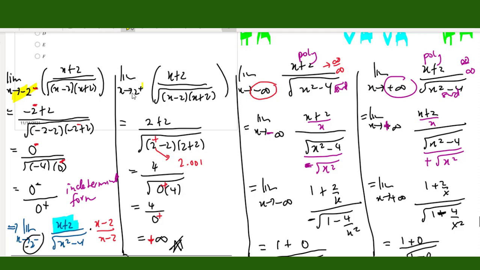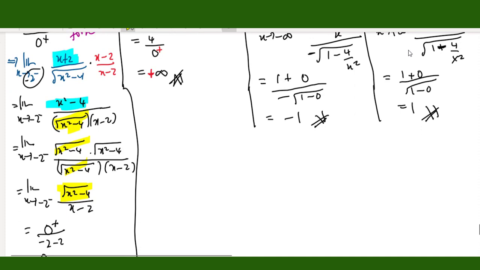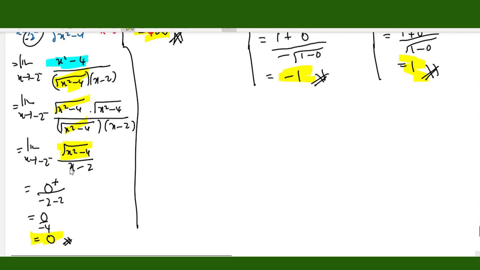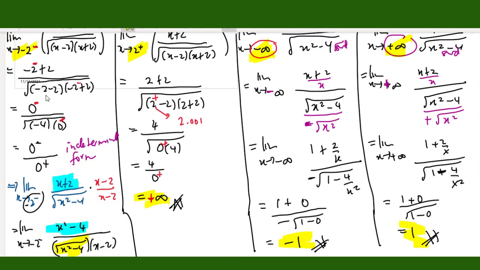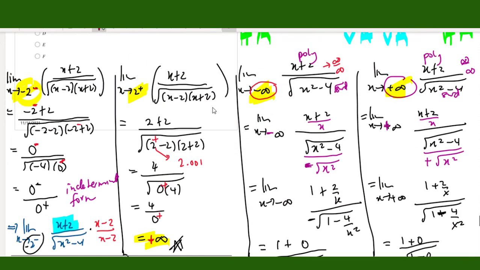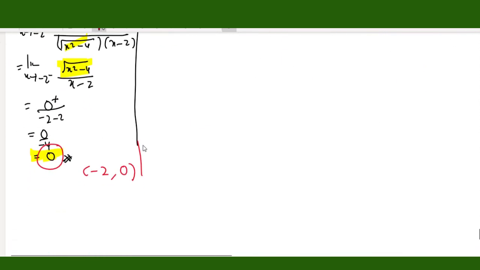This one is the value for x, and the final answer is the value for y. If we write them as points, this one is negative 2. When x is equal to negative 2, y is equal to 0. For this part, when x is equal to 2, y is equal to positive infinity.